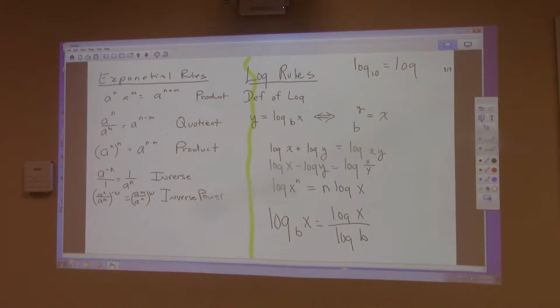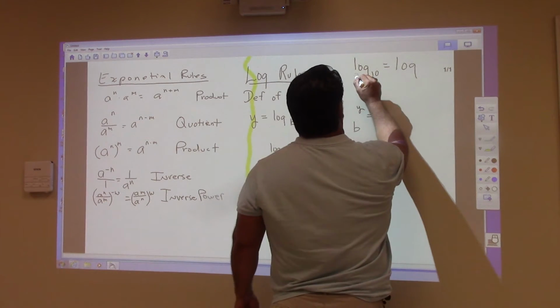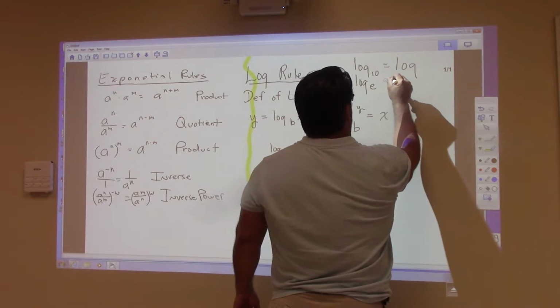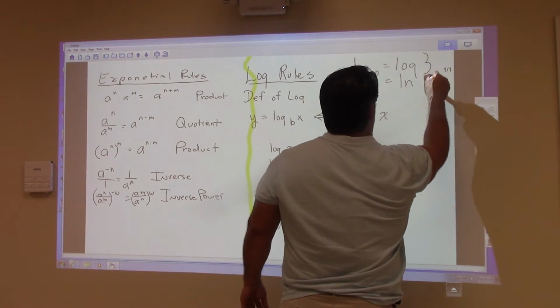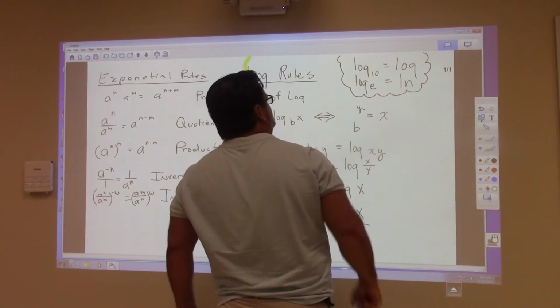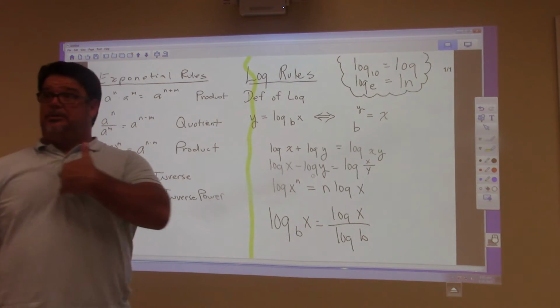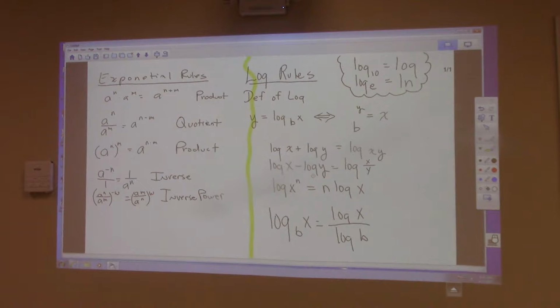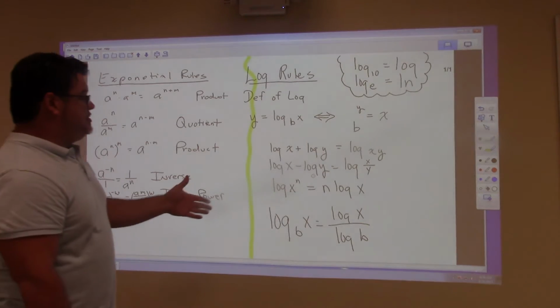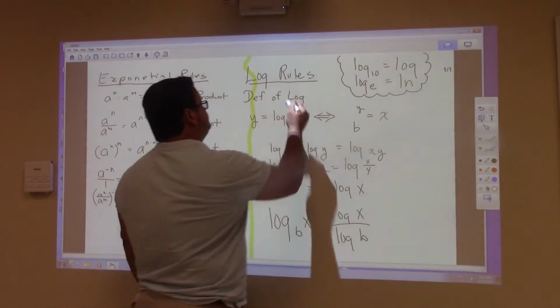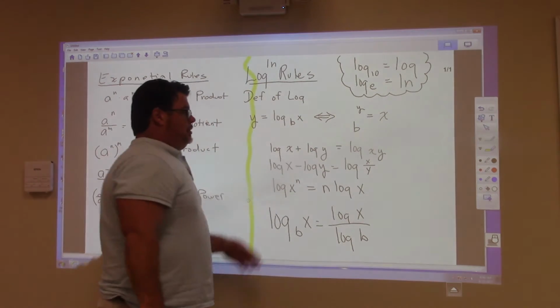If you have log base e, somebody tell me what that is. Good. Log base e is equal to natural log. Now, the reason I tell you that is because some people, like me, like to deal with log. It's just a preference. All right? If you like to deal with log and you're given an ln problem, you just change ln into log base what? E. And these are the same rules with log and natural log.